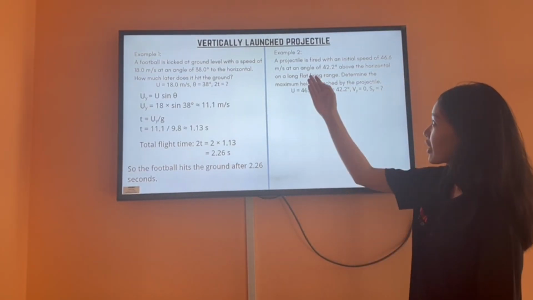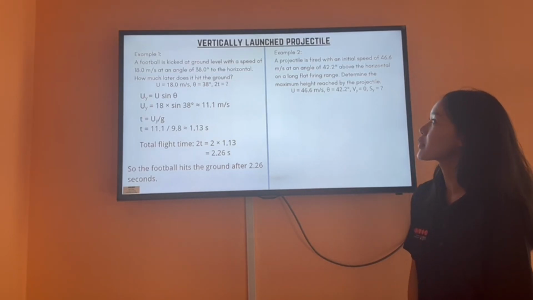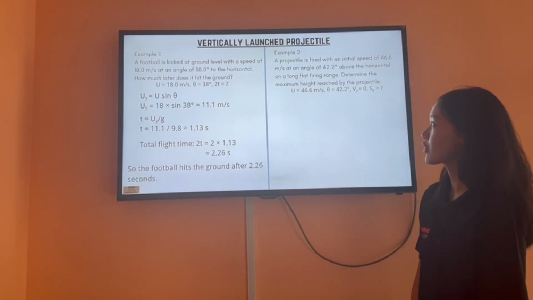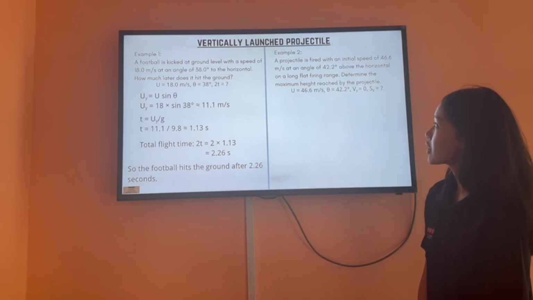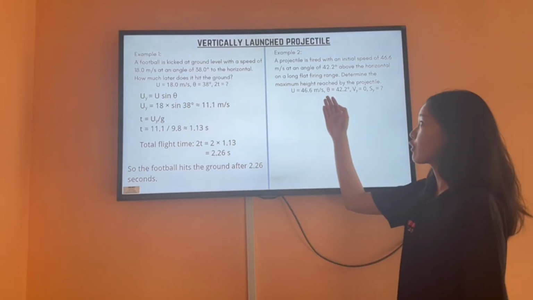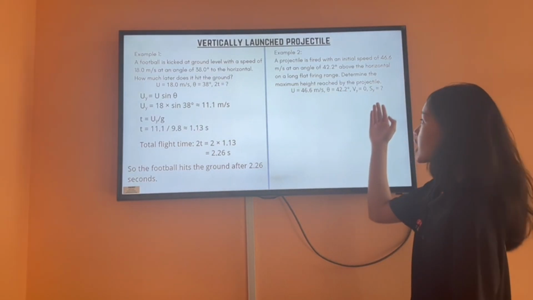Example 2: a projectile is fired with an initial speed of 46.6 meters per second at an angle of 42.2 degrees above the horizontal on a long flat firing range. Determine the maximum height reached by the projectile. This question is asking for the vertical displacement, which is Sy.